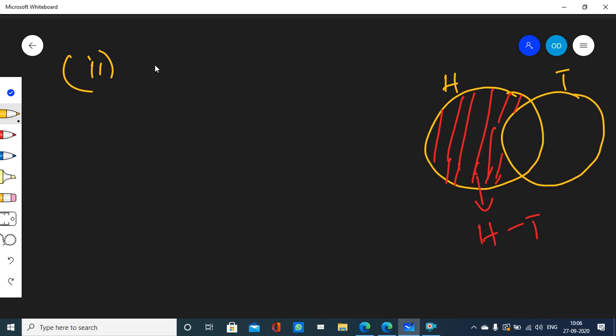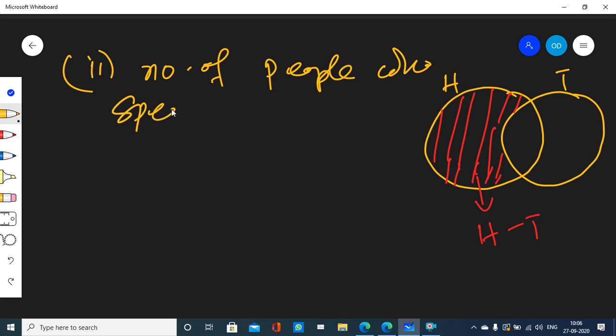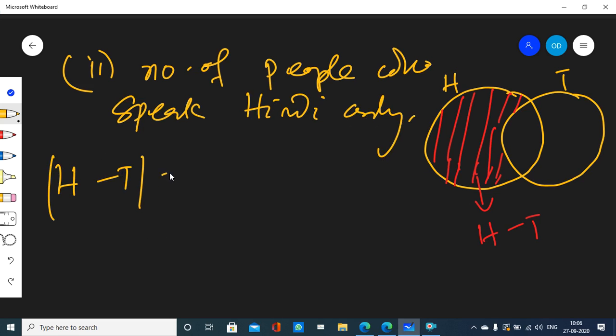So actually we want to find the number of people who speak Hindi only. That is the cardinality of H minus T. The answer is the cardinality of H, the total number of elements of H, minus the elements in H intersection T. This is the formula.